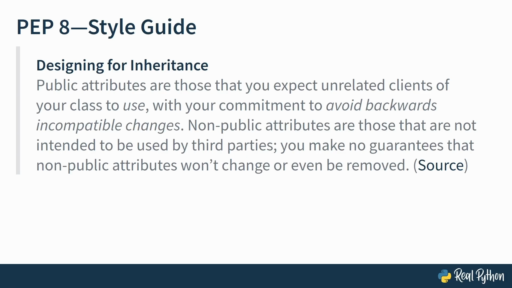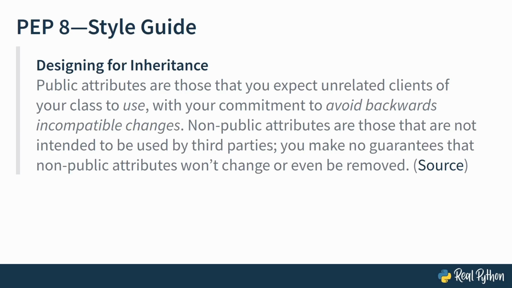You make no guarantees that non-public attributes won't change or even be removed. So these guidelines are clearly written from the point of view of a designer. Now, you are a designer when you are writing your own package or your own code, but you are also a user when you are using someone else's package or someone else's code.